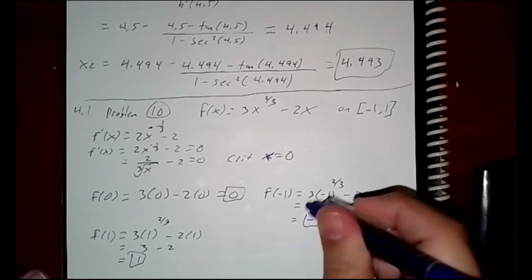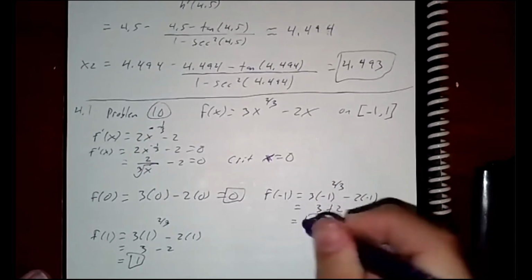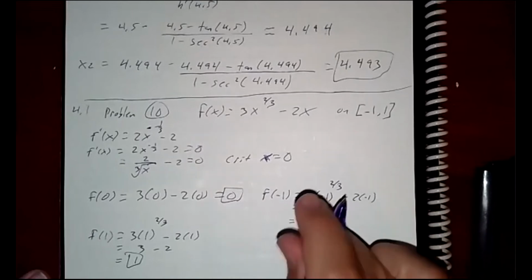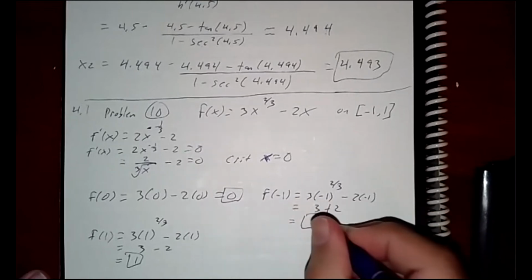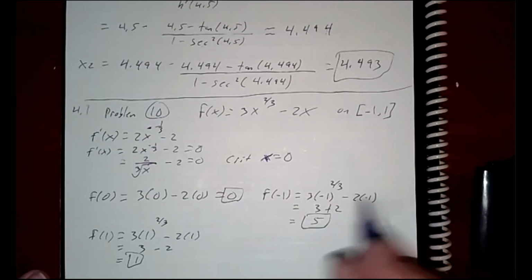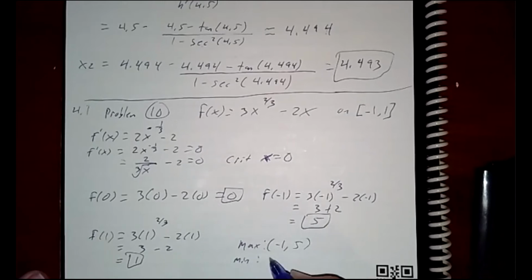This is 5. This is the biggest point. Yeah, there we go. So the max is at -1, 5. The minimum is at 0, 0.